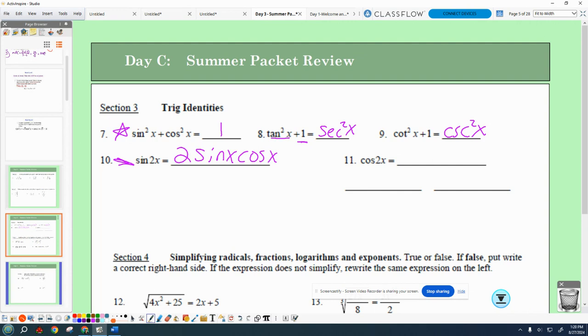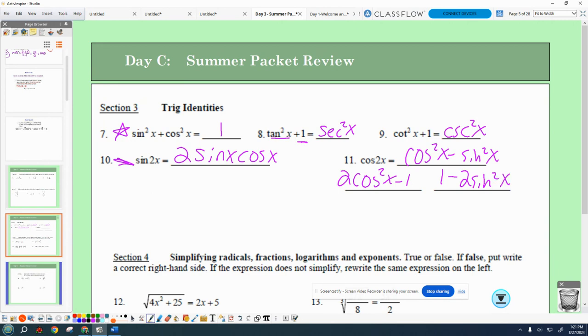It's the same. 2 cosine squared x minus 1. Yep. Did you have another one? Cosine squared x minus sine squared. Do you have another one? That one? 2 sine squared x plus 1. Close. Oh, 1.